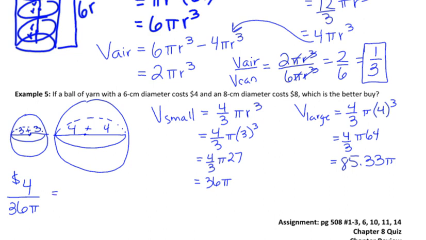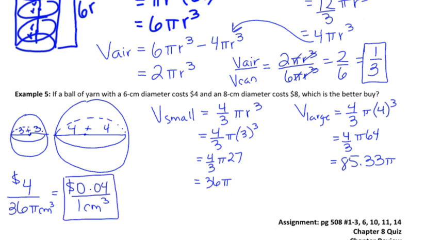And we want to divide that by 36 pi so that our unit rate per one would be 4 cents per 1 centimeter cubed, as our volume is in centimeters cubed. So this is for the small sphere.